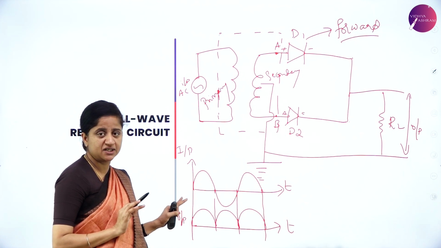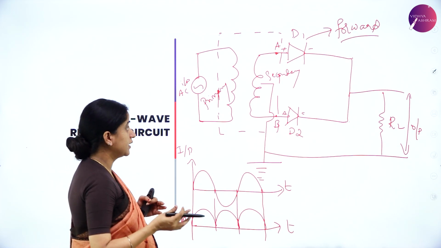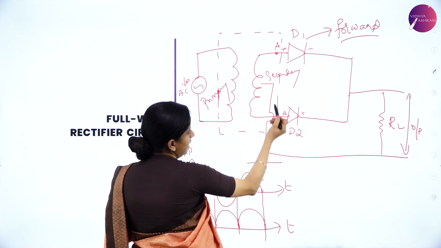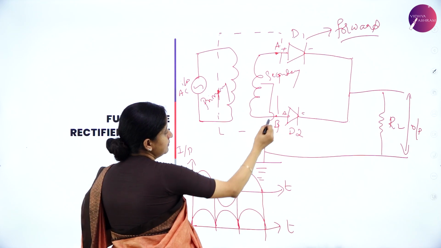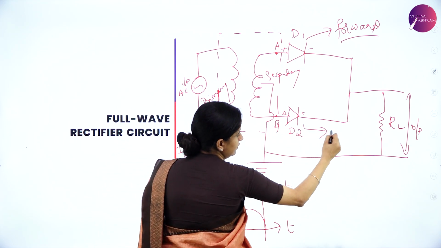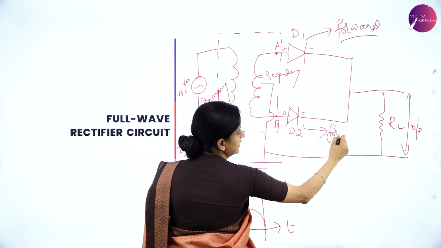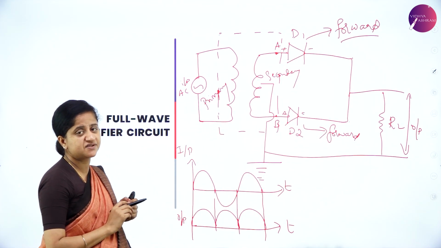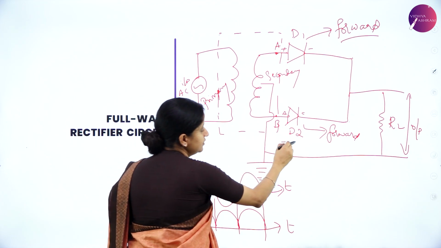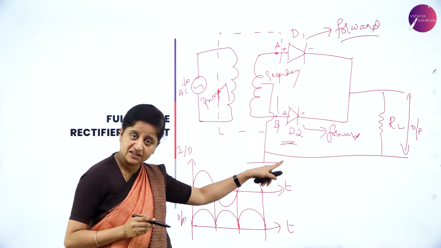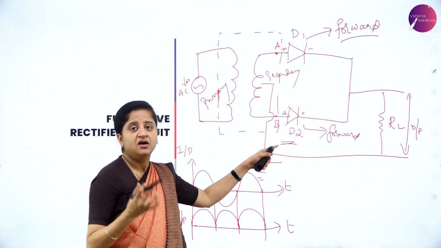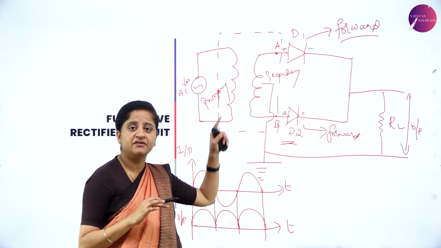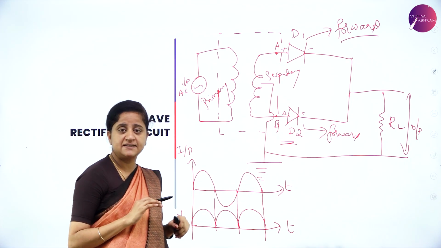So during the next half cycle, what happens? A becomes negative and B becomes positive. When B becomes positive, D2 is in forward bias condition, whereas D1 is in reverse bias condition during the second half cycle. Since diode D2 is in forward bias condition, this diode helps in conduction, and helps in conversion of AC into DC.